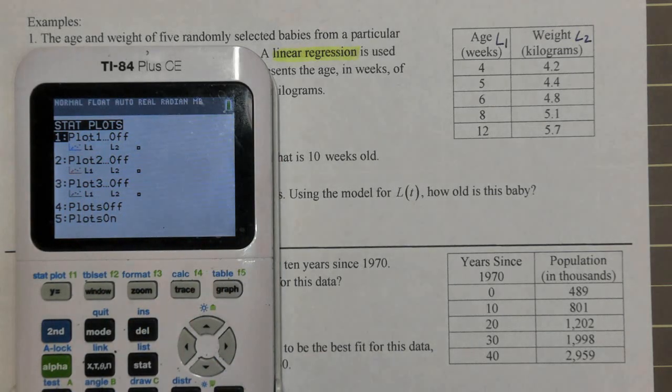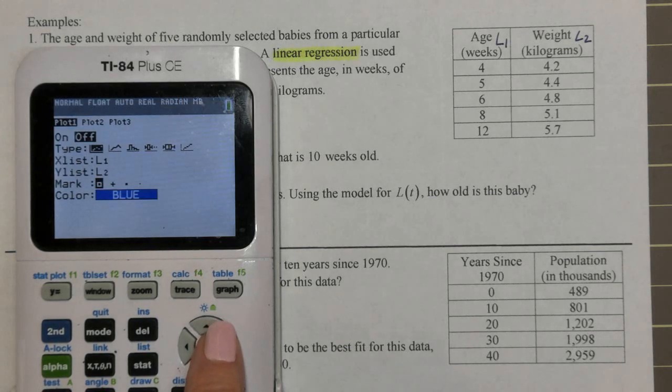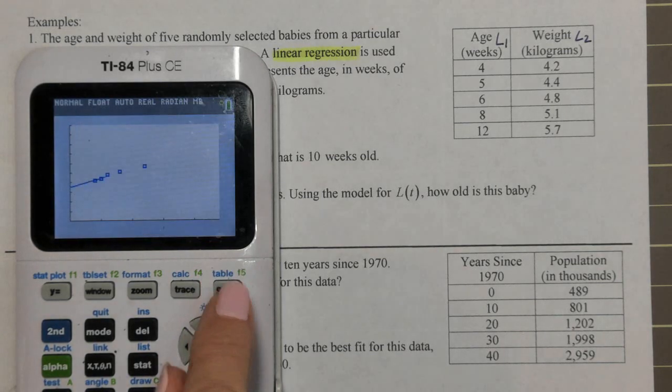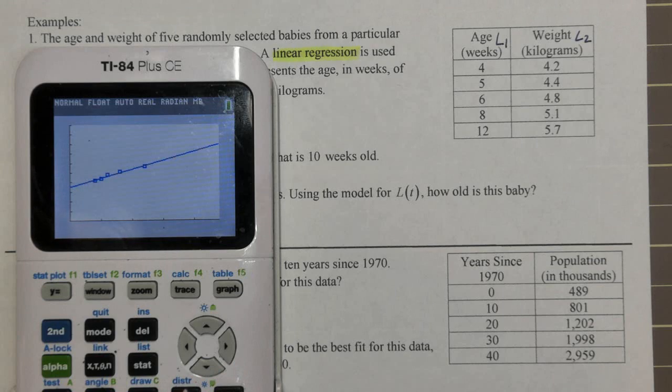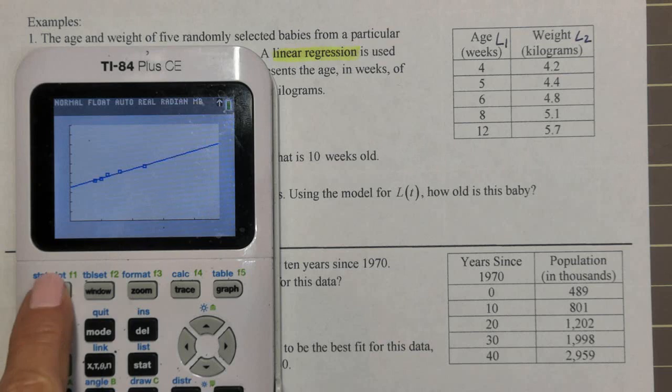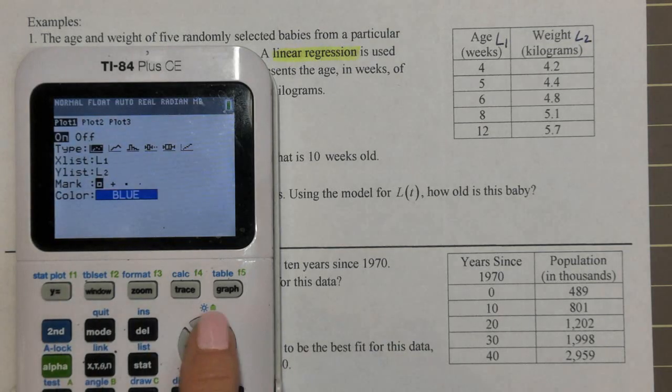I don't do this, but I will show you what that looks like. I'm going to turn this on. Now if I go to the graph, we see those points on there also. Okay? Truly, I don't need those points, and it's just going to make using this line harder, so I'm going to go back to my stat plot and turn that off.